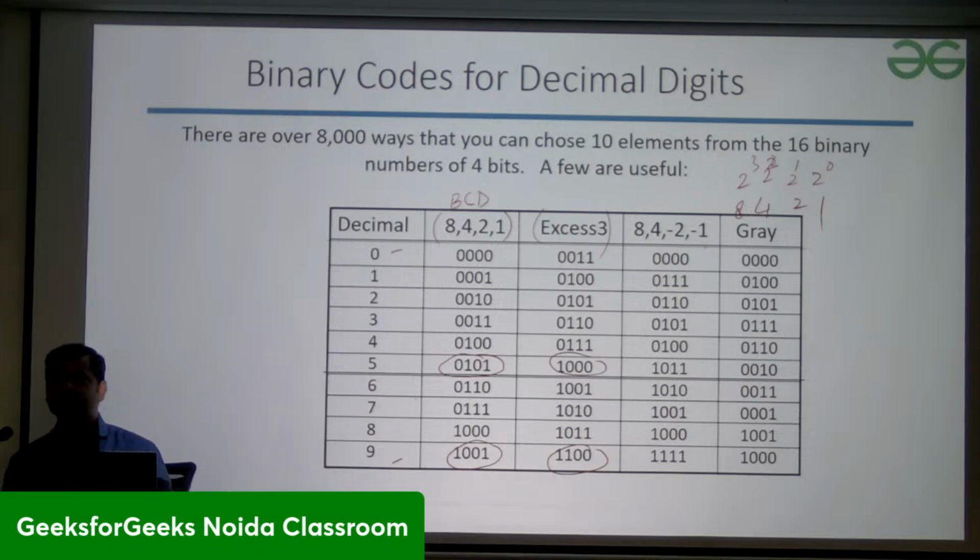8 4 minus 2 minus 1. Now you have to compute the value accordingly. For 0, everything is going to be 0. For 1, it is 0, 1, 1, 1. Why is it so? You have to add the possible positional values so that the outcome is 1. Just look at this: 4 plus minus 2 minus 1 is going to be 1.